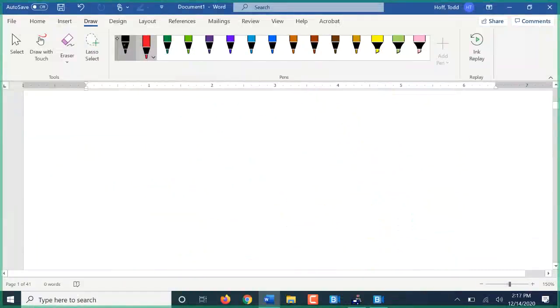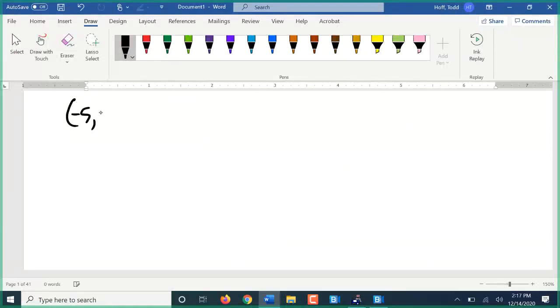Well, let's apply this one a couple of times. Let's take a point, negative 5, 2, and negative 10, 11, and see what we're going to get for a distance between them.